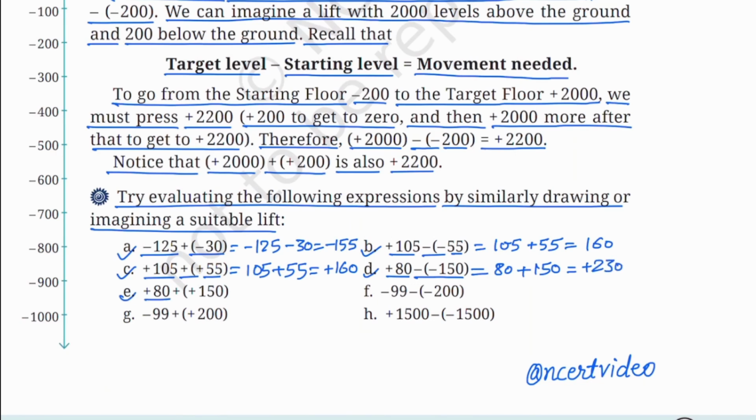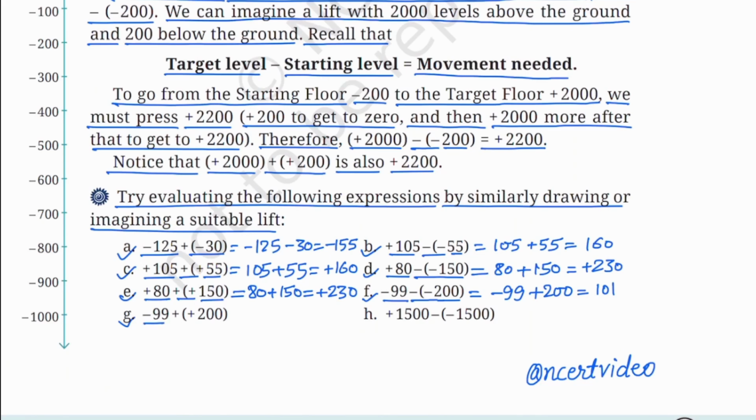E: plus 80 plus 150 is equal to plus 230. F: minus 99 minus minus 200 is equal to minus 99 plus 200, which is 101.